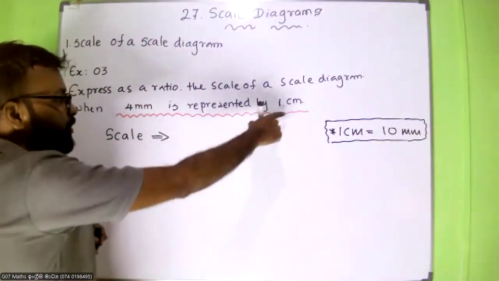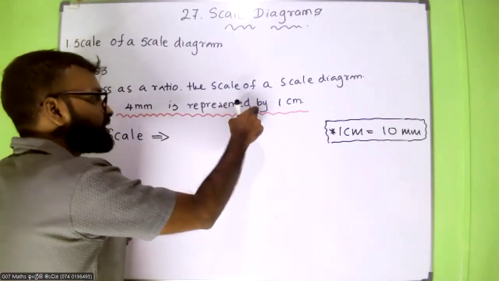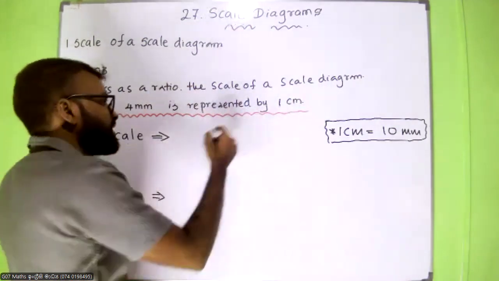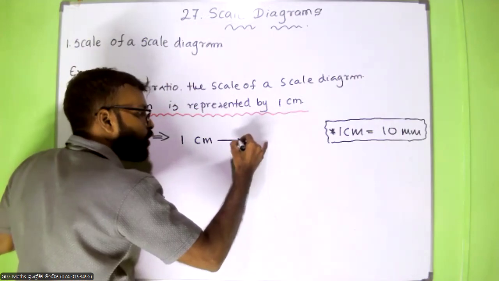Okay. So 4 millimeter is represented by 1 centimeter. I am changing the size. 1 centimeter here, 4 millimeter.